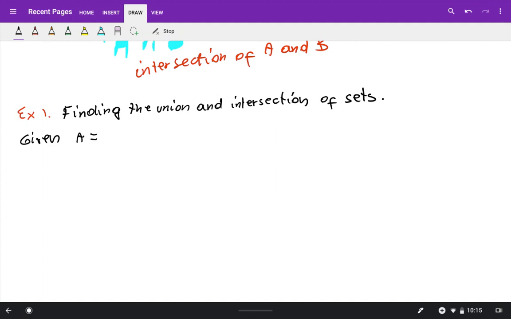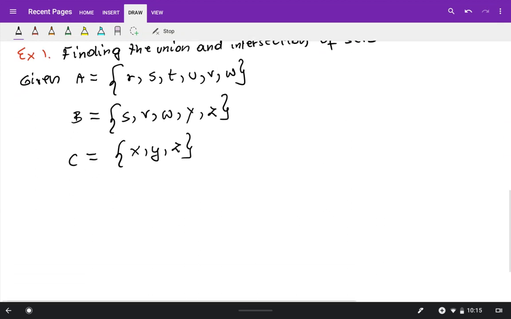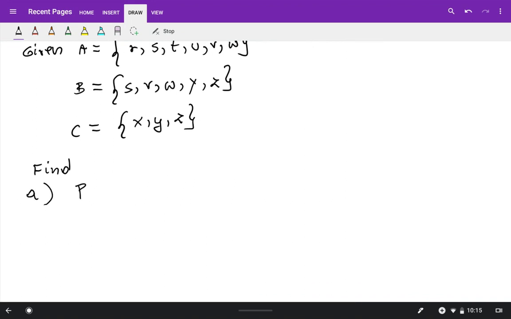Given set A, and in the parentheses we're listing the elements of set A: R, S, T, U, V, W. We have set B: S, V, W, Y, Z. And we have set C, and I'm listing all the elements of set C: X, Y, Z. And I'm going to ask you questions. First, I want you to find B union C.